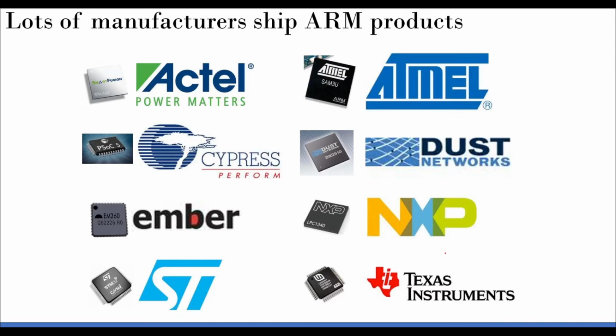So lots of manufacturers ship ARM products. Sometime back I told you ARM is like Uber or Airbnb. Ola or Uber doesn't own a single car, but they are the largest taxi service. Similarly, Airbnb, I don't know how many of you have heard about it, is a hotel service, but they don't actually own a single hotel.